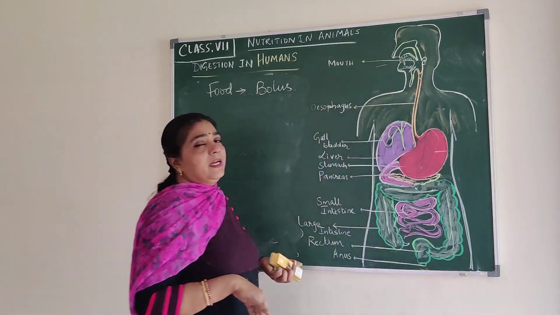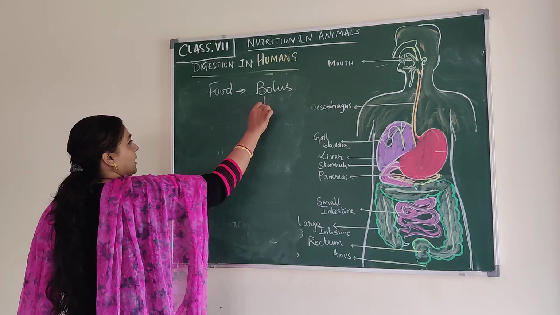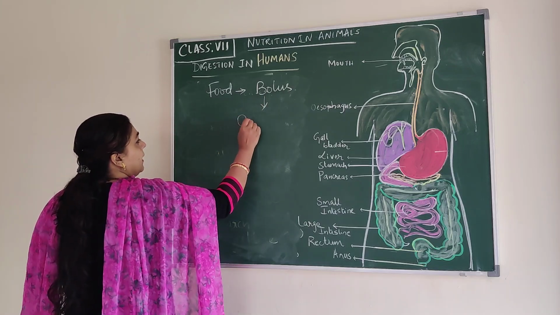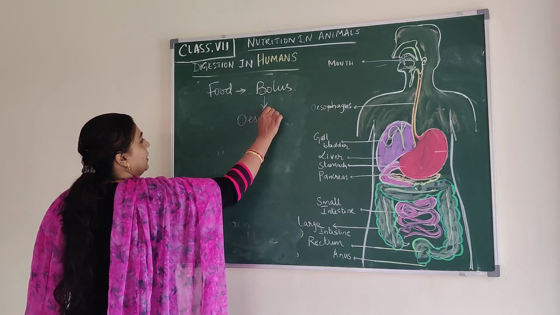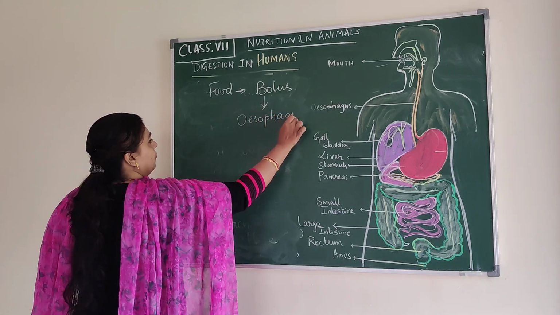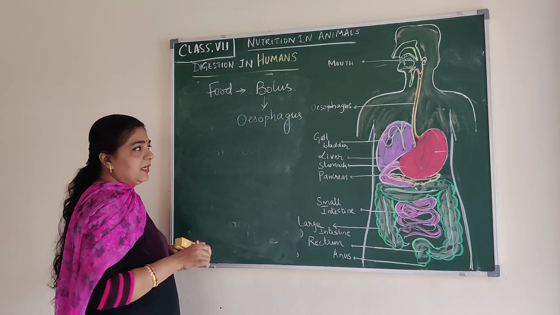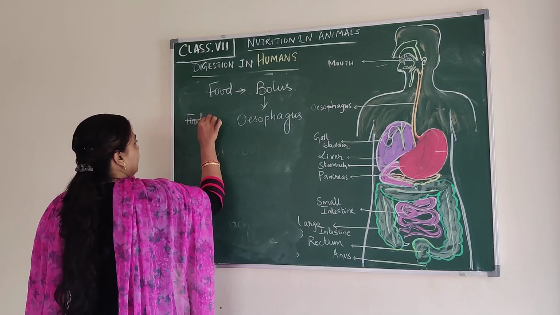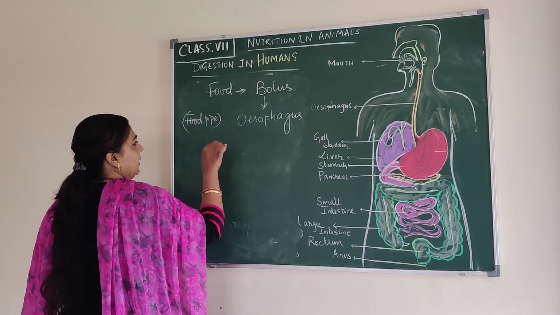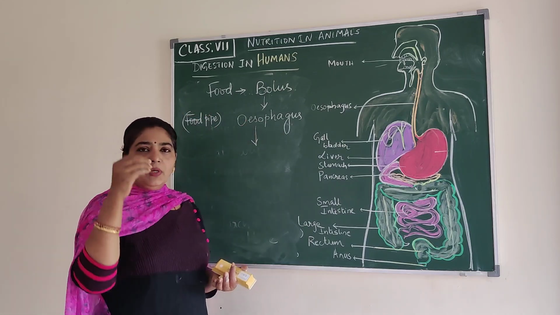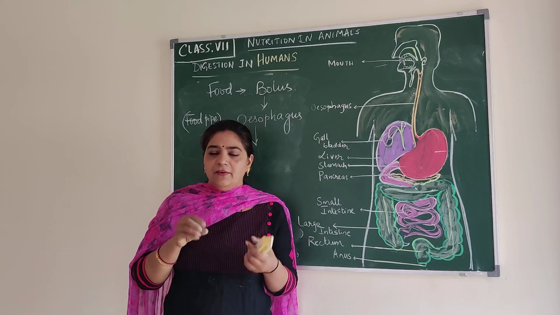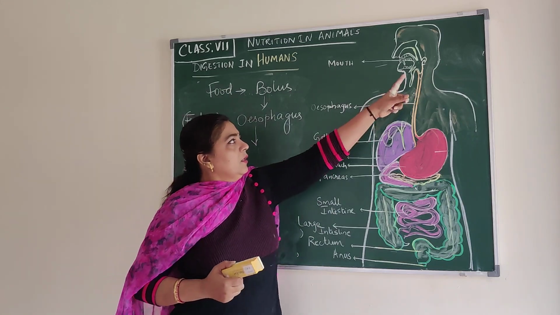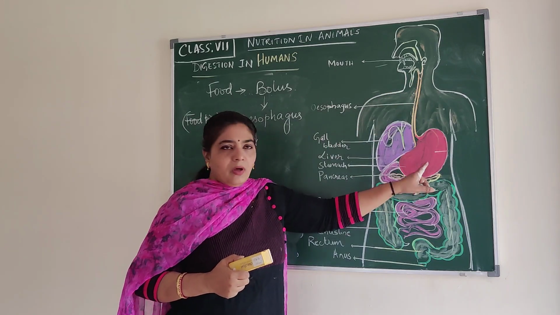It will get inside the esophagus. The bolus is swallowed, then it enters the esophagus. What is the esophagus? It is the food pipe. When the bolus enters the food pipe, it's not like it will just straight away drop into the stomach.